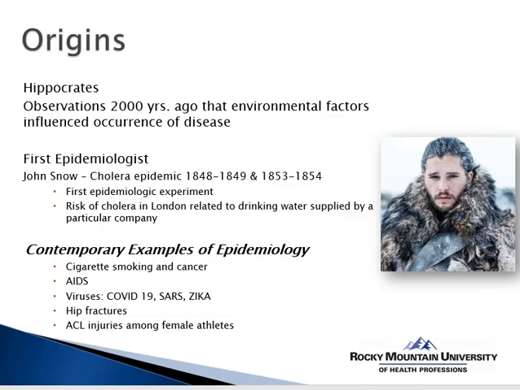Some other contemporary examples of epidemiology, again, kind of touched on these in a previous slide: cigarette smoking and cancer, HIV/AIDS, viruses like COVID-19, hip fractures. What are the risk factors for somebody sustaining a hip fracture? Why is that important to know?